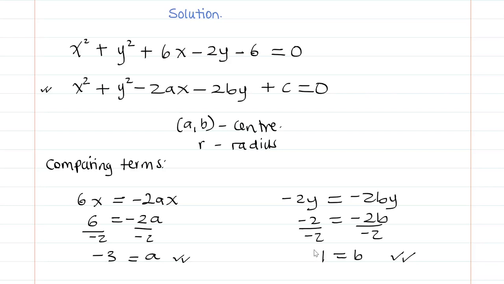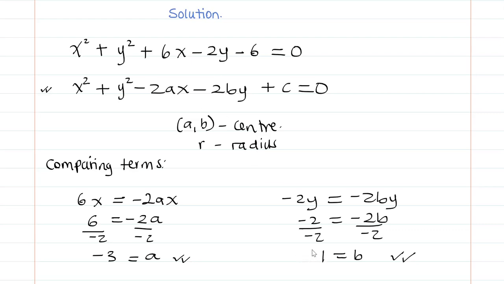There is a shortcut. For example, if you want to get a here, then you get 6 divided by 2 and you change the sign. It is positive here, so it will become negative. 6 divided by 2 is 3. If you look at negative 2 here, it is negative, so we make the answer positive. 2 divided by 2 gives us 1.